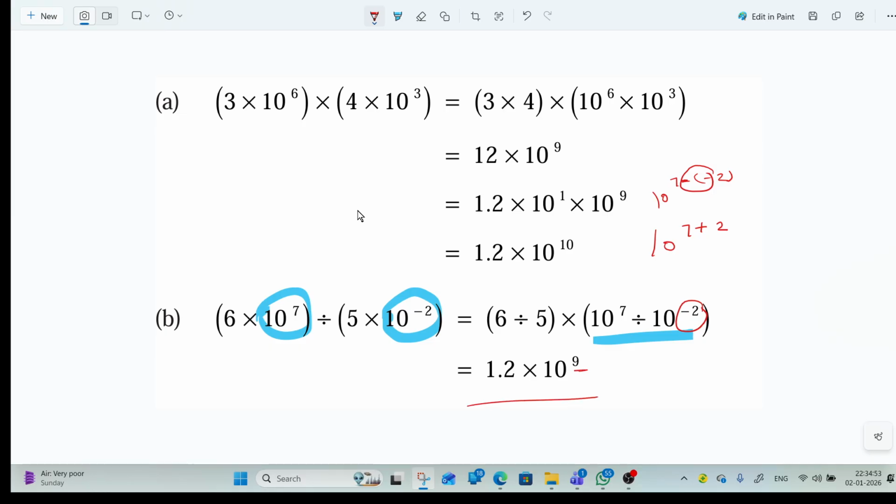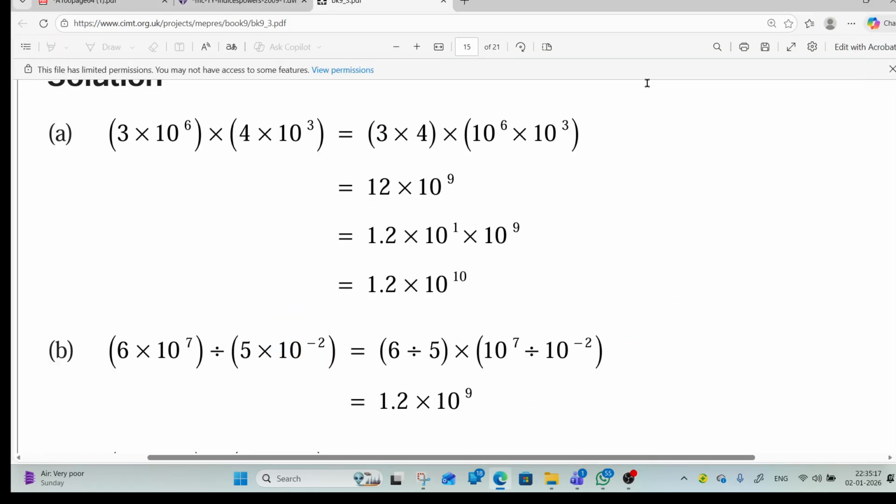That's how you get 1.2 times 10 to the power 9. Clear? We don't need to do anything here because only one non-zero number should be before the decimal, and here 1.2 satisfies that.